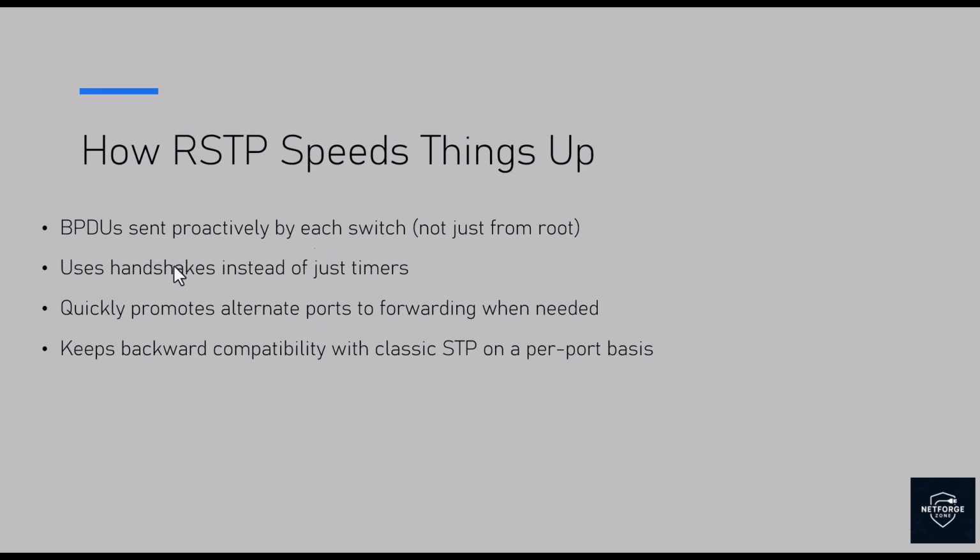Also, I already told you that switches talk to each other, and this process is very much similar to a handshake. Instead of just using timers, like I said, there is something that we call proposal and agreement. This means that each switch sends a proposal to the other switch. The other switch is going to check to make sure that the proposal it has received is from a superior switch or from an inferior switch.